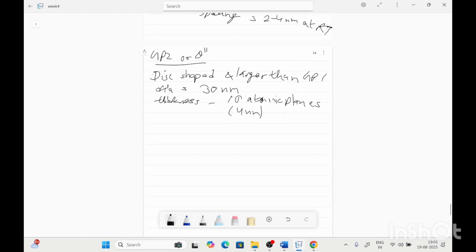Here the theta double prime precipitate number will be less as compared to GP1, because several GP1 zones cluster more and form the theta double prime. That's why the number of theta double prime is less than GP1.